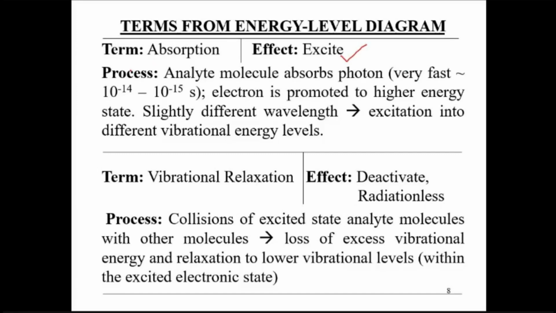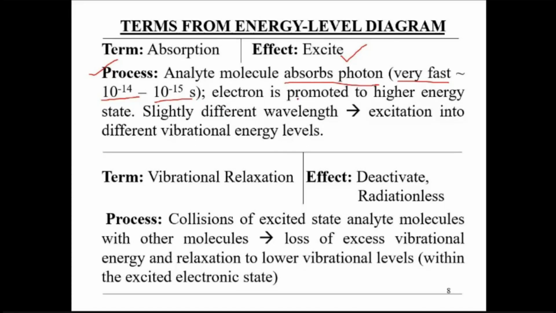Now, what is this process actually? Analyte molecules absorb a photon. This is a very fast process. The process takes approximately 10 raised to minus 14 to 10 raised to minus 15 seconds.